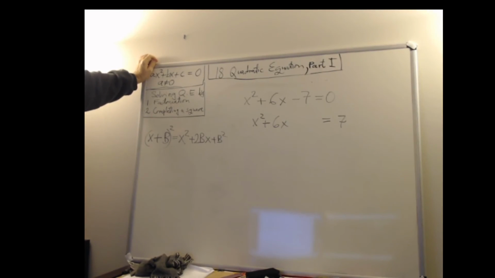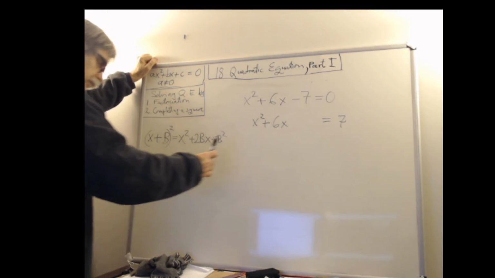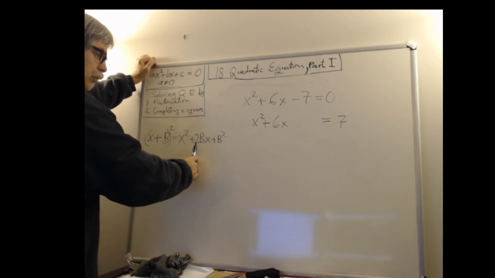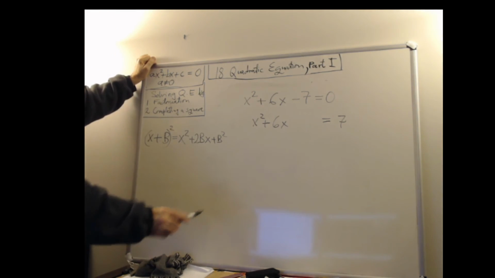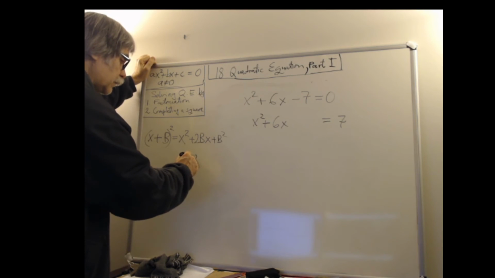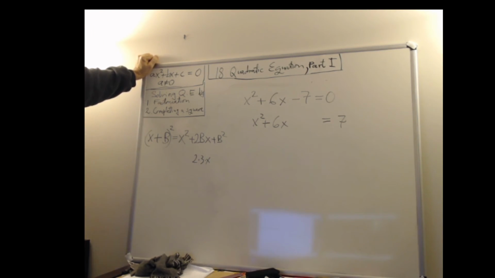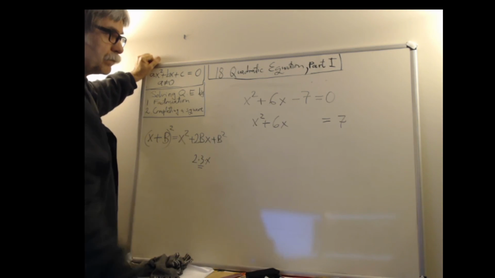So 7 is not good, negative 7 is not good. What would be good? You have an x squared. You have 2bx, where b is 3. This is 2 times 3 times x, 6x. So this is your b, and you need the b squared.